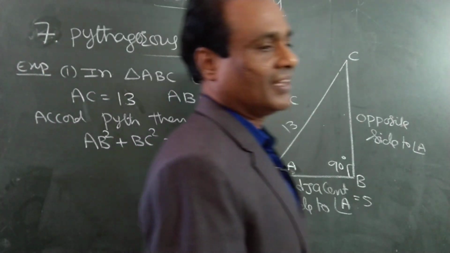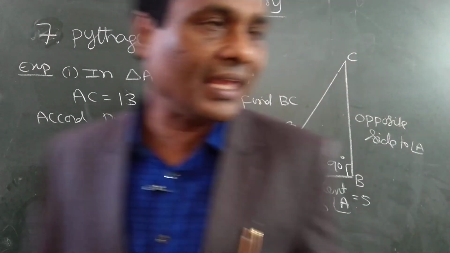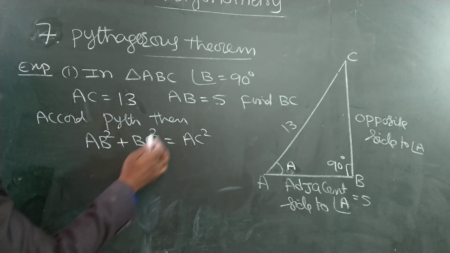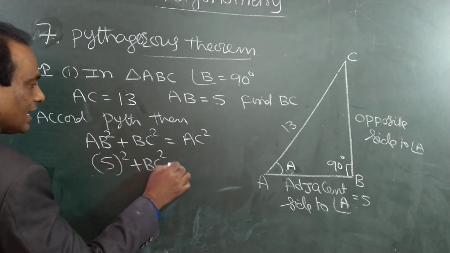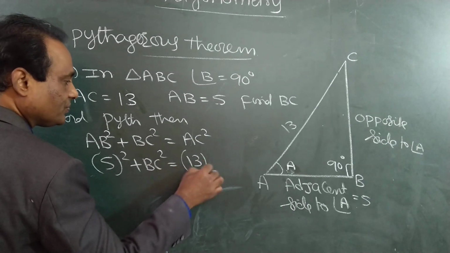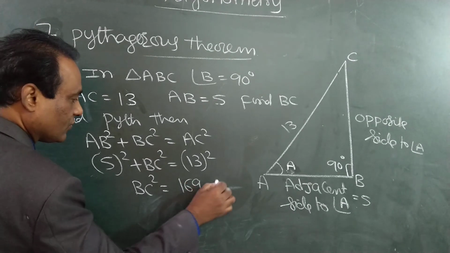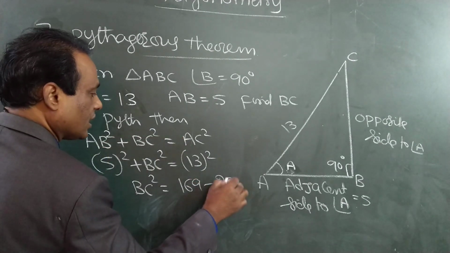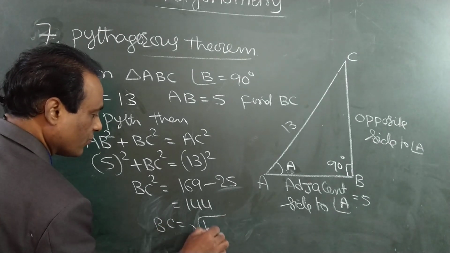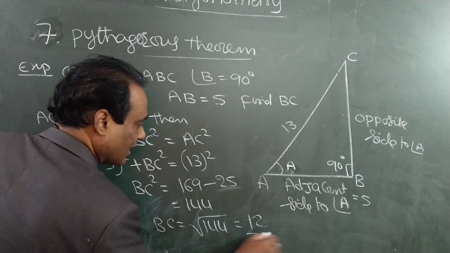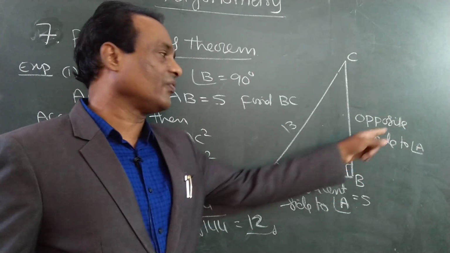AB is 5, BC we don't know, we have to find, AC is 13. So BC square is equal to 13 square, 169, minus 5 square, 25, which is 144. And BC is equal to root 144, which is 12. So that means using the Pythagoras theorem, if two sides are known, we can find the third one.